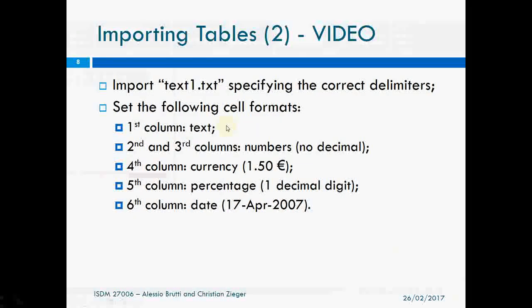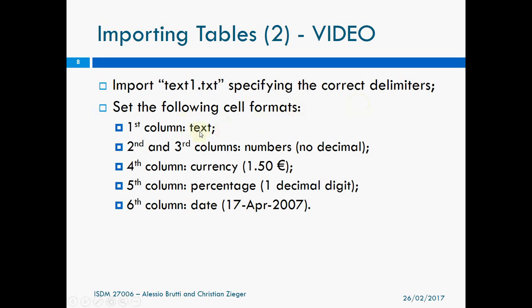Okay, this slide is about importing tables that don't have a fixed width delimiter. We need to import the text1 file specifying the correct delimiters, and then we need to change the cell formats according to these settings. The first column must be text.